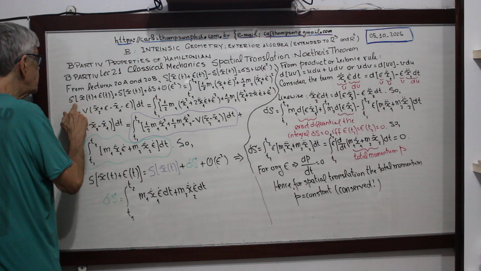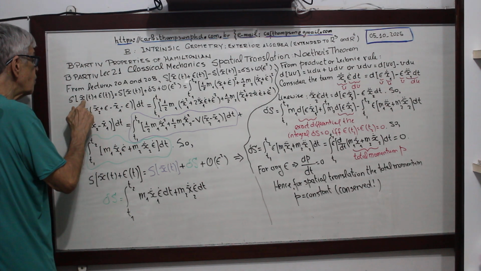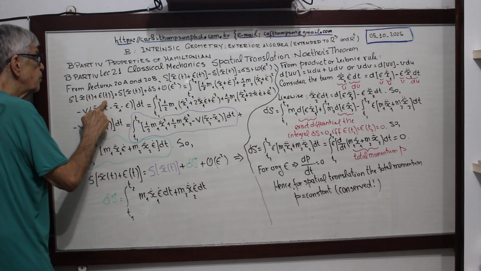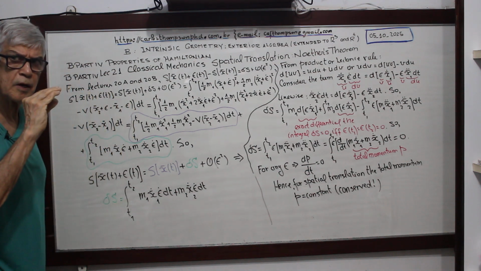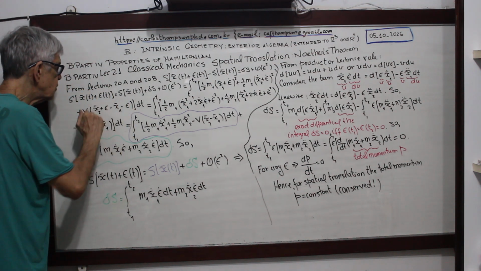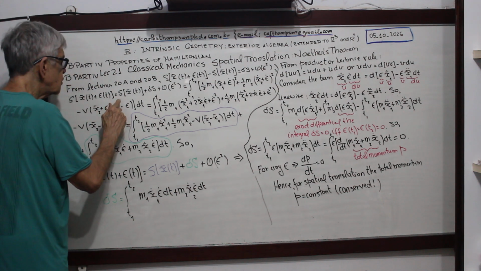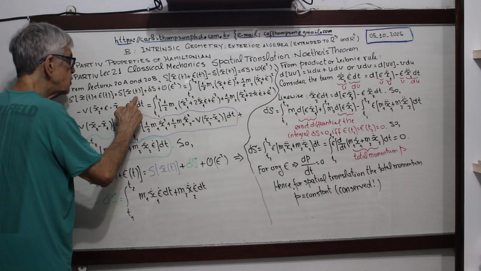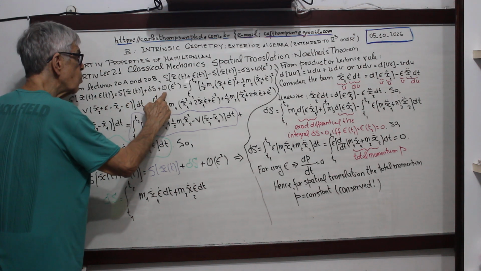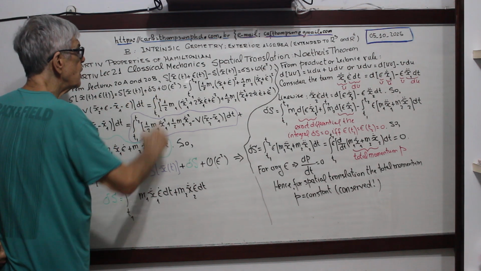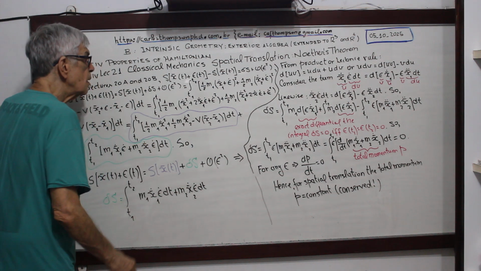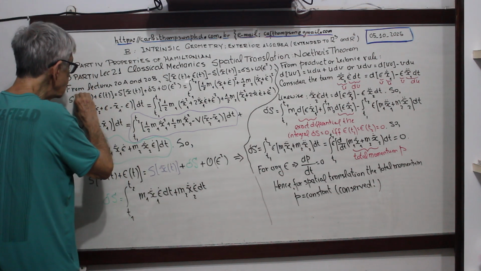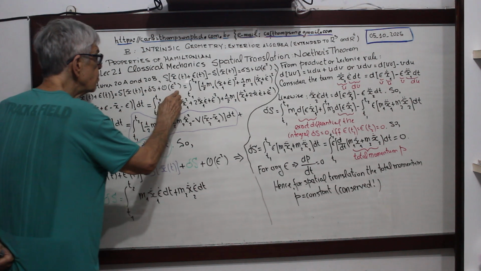So let's develop this as the action of x̄(t) plus a tiny displacement ε(t). So this is S of x̄(t) plus δS plus order of ε squared. Now you follow this equality here.